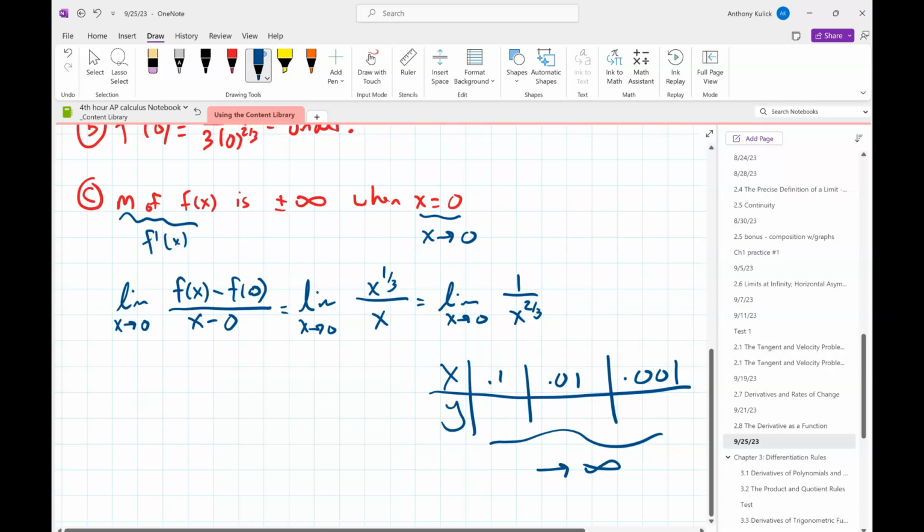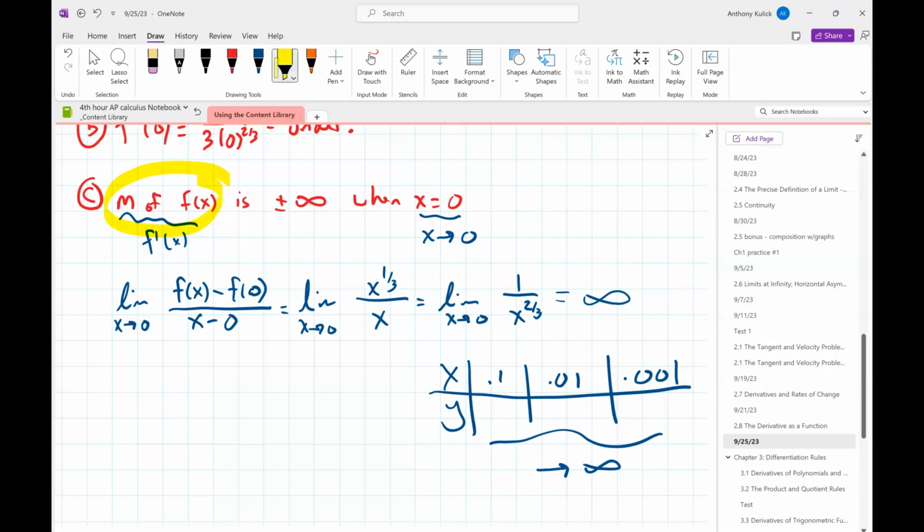That would be enough to conclude that. I'm not going to punch those through just because I'm lazy, and I think you probably get the idea. Is that okay, Giselle? Mm-hmm. So what we've done here is we've shown the slope of f of x at 0 is infinite, which is the equivalent of having a vertical tangent.